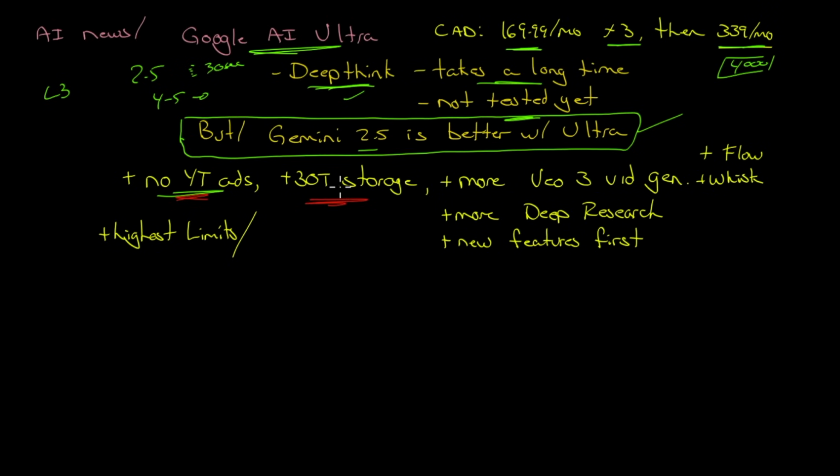So there's 30 terabytes. You get more VO3 video generation, and it has Flow and Whisk. I don't really generate video, so there. You get more deep research. I find that kind of useful, and any new feature, you get it first. And you also get the highest limits on Notebook LM, Gemini, all of those things. You get the highest limits as well.